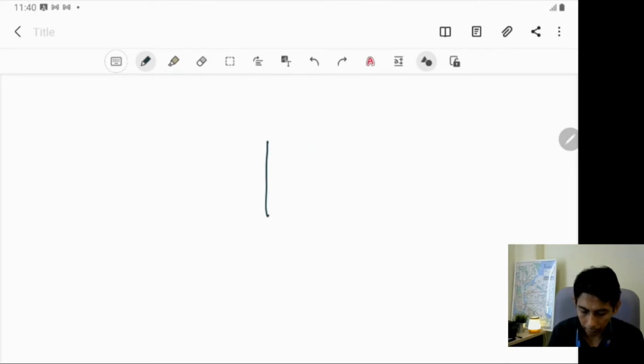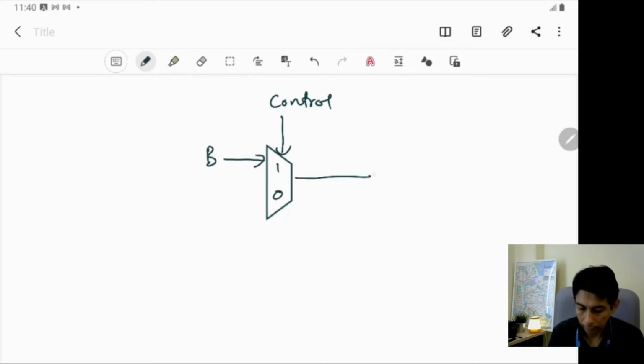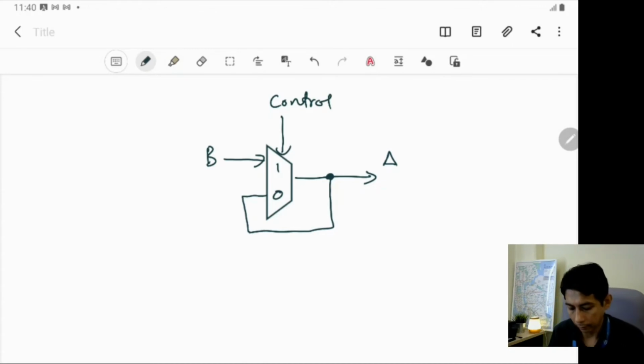So you have a multiplexer, okay, and if this is control and this is B and this is 1, this is 0, this is A, right? So you will get this circuit.